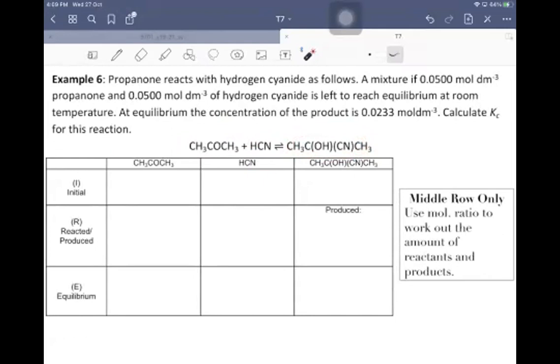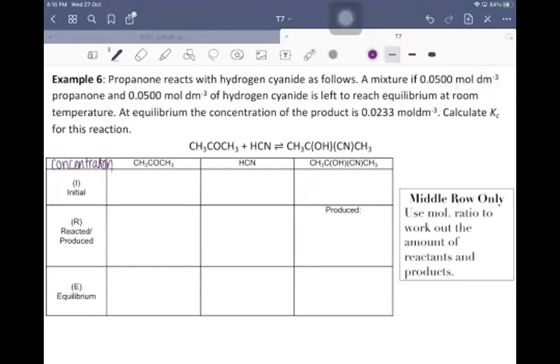So it is a nucleophilic addition reaction. A mixture of 0.05 mole per dm cube. So this time it has given you the concentration, so you don't need to convert it to number of moles. You can write down concentration is given.